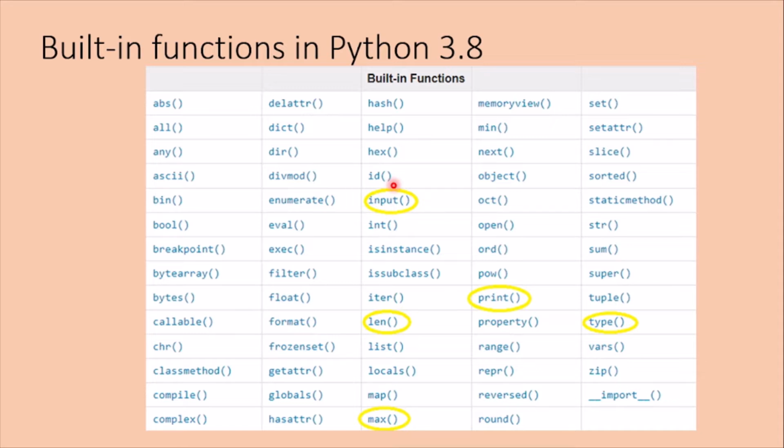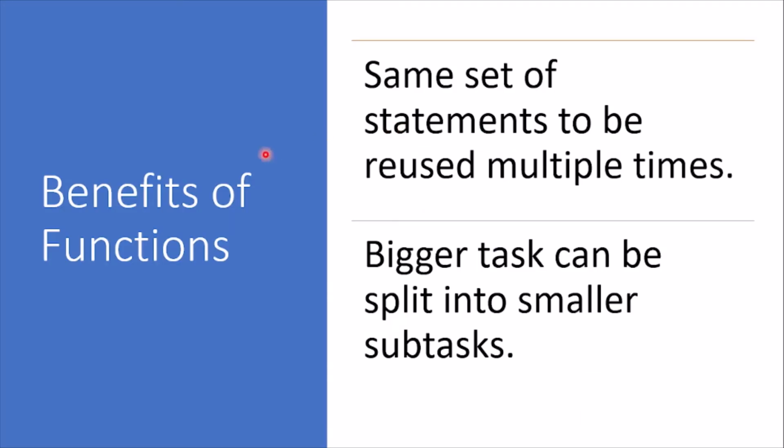So let us say you're working on a specific task or project, and you don't find any function suitable for your work, then you can create your own. Now, what are the benefits of creating a function? Why are functions required?